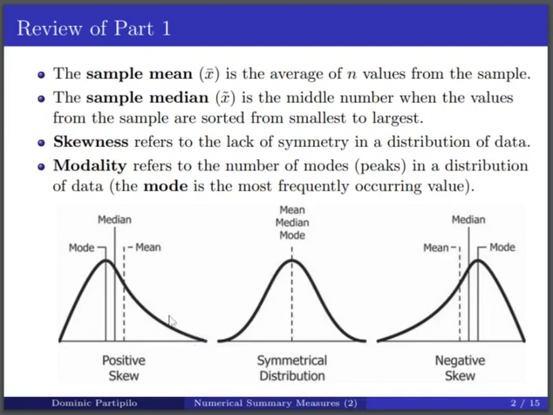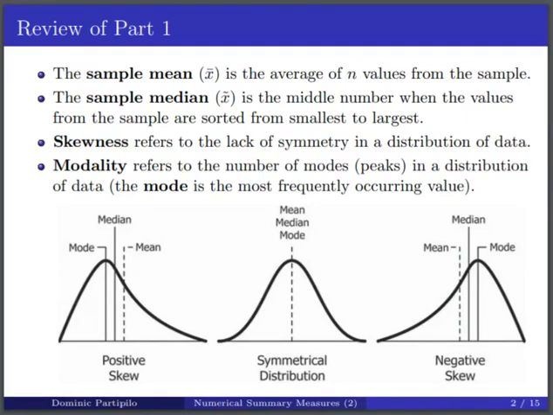And then we observed what happened to the mean and the median when we added this outlier to our data. So remember, the mean was much more sensitive to this change than the median was. And we say the mean is much more sensitive to outliers than the median is. In other words, the median is much more resistant to outliers than the mean is.